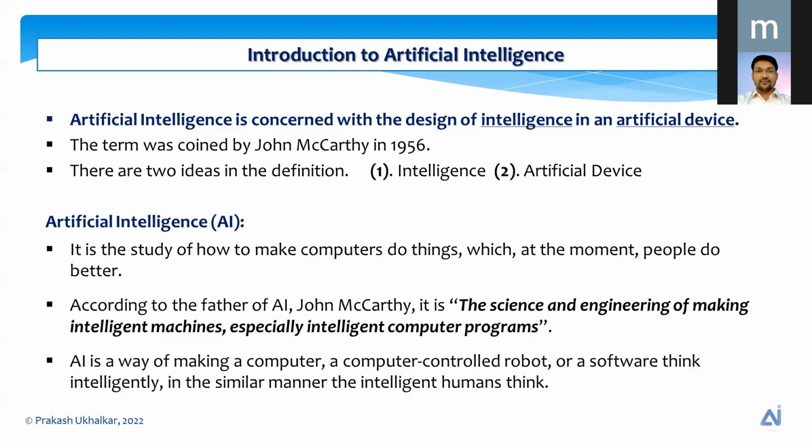So AI is accomplished by studying how the human brain thinks, how humans learn, decide, and work while trying to solve a problem. And then using the outcomes of that study as the basis of developing intelligent software and systems. So how humans learn, decide, work, take action, and react to certain situations, that is the area of interest.